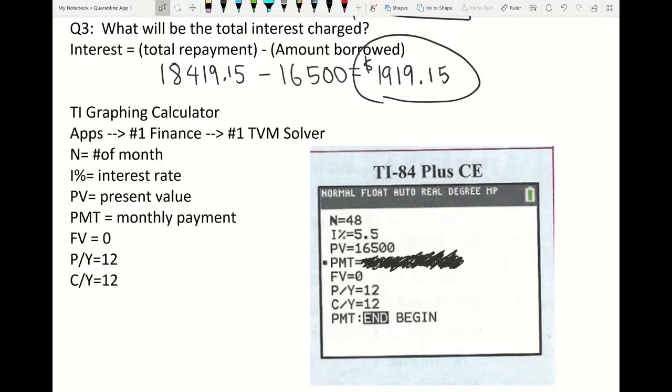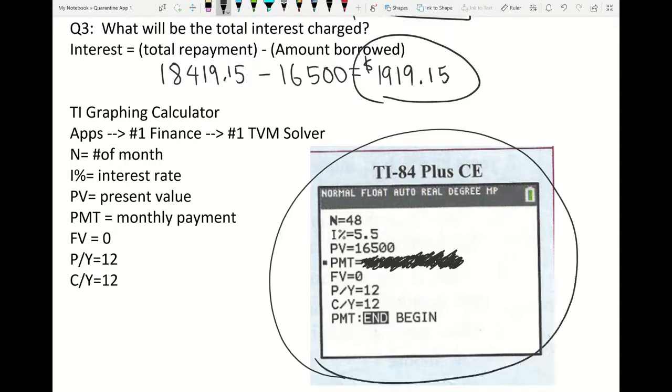Press apps, and then select, probably the first one, called finance. After you select finance, you have a bunch of selections, and I want you to choose number 1, TVM solver. And you're going to see something like this on your screen.